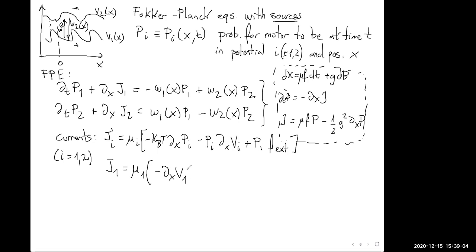So this is a force due to the potential in 1, plus, sorry, there's a mistake here, plus f external. So we are saying there is an external force. The model has also an external force pointing in x. This is all this times pi.